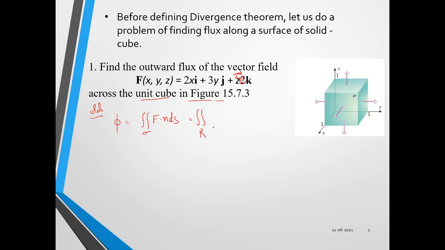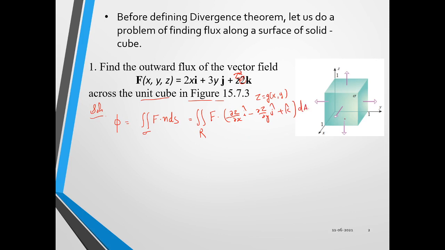Yes, sir. Double integral over R. If the surface is of the form z equal to g of x, y, then the formula is the double integral of F dot (minus dou z by dou x i minus dou z by dou y j plus k) dA.